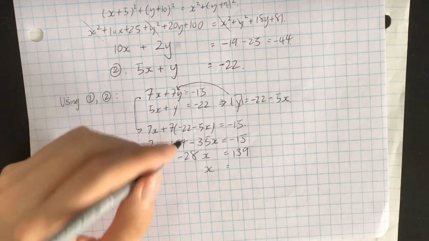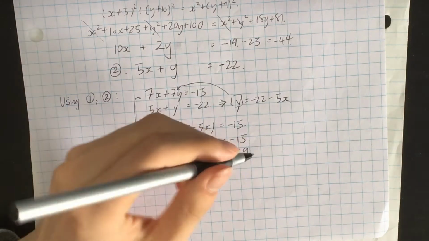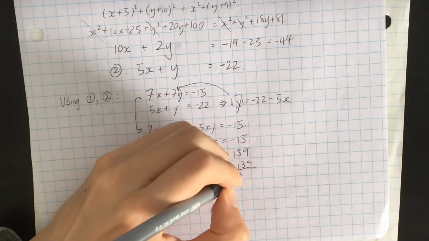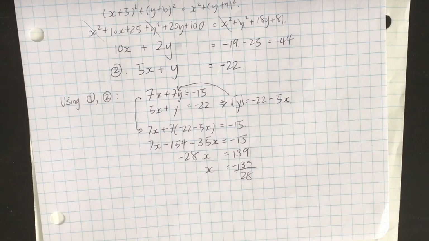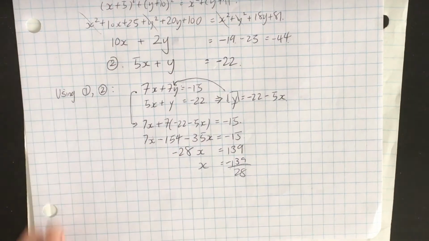Yes, we subtracted that, right? So we have negative 139 over 28. And that's a little strange, right? But sometimes things don't quite work out, and that's fine.